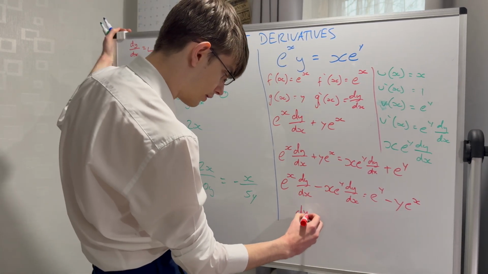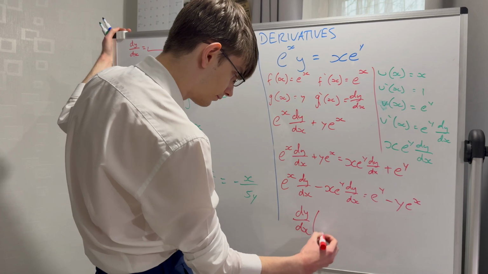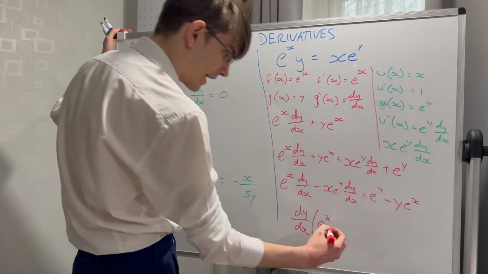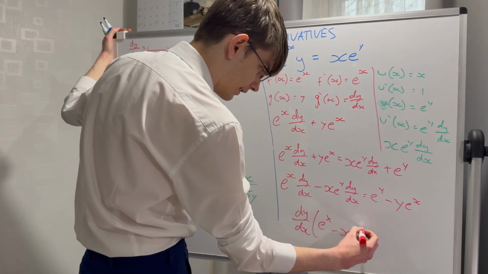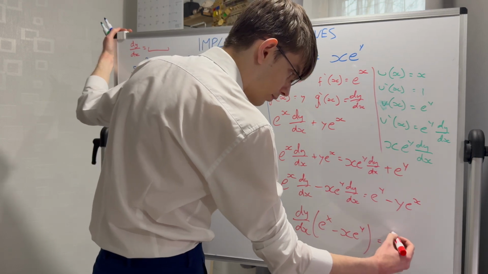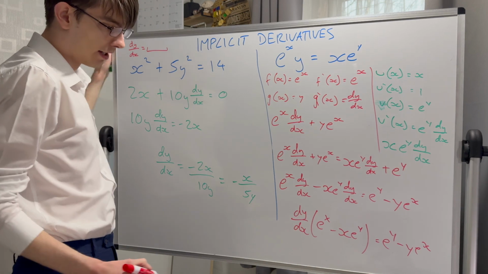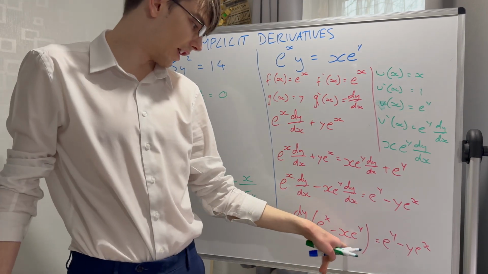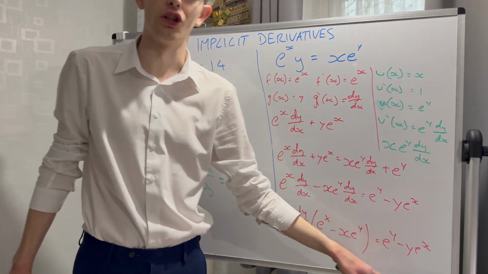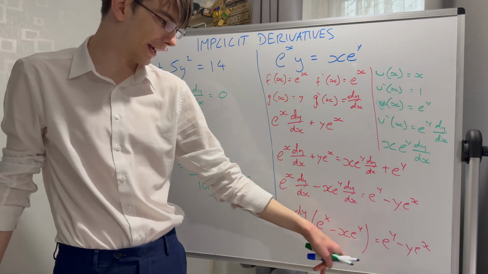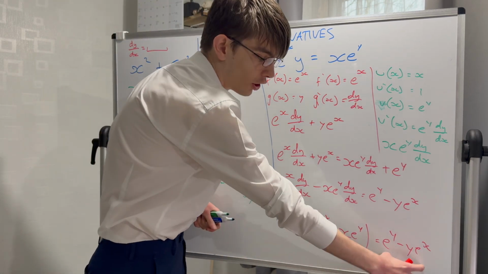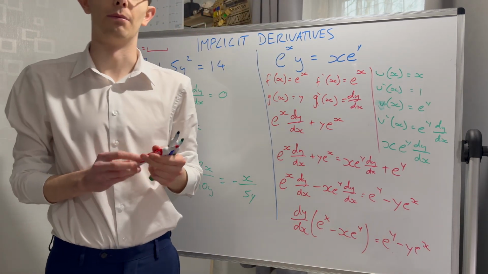Pull out my dy by dx and get e to the x minus x e to the y equals e to the y minus y e to the x. And then if we just divide both sides by this thing here, which I can't do because I've run just about out of space, but if I just pop this on a denominator here, I will get my answer.